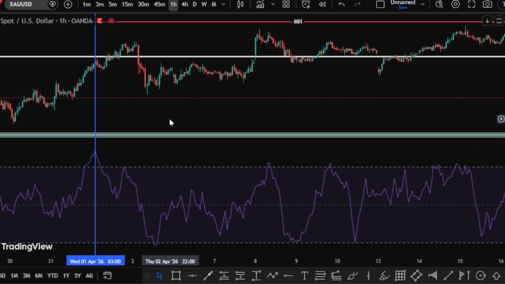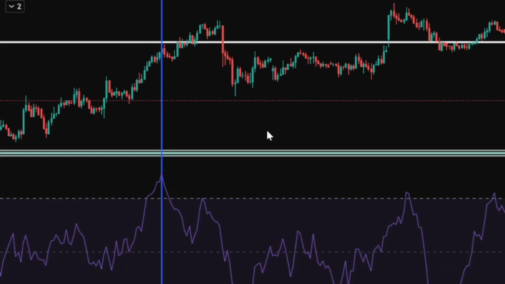As you can see, if you combine it with a divergence tool, for example, you can see that the market was going down. The MFI indicator showed you that the market would be going down, but it diverges with this here. This one is going up, but this one is going down.